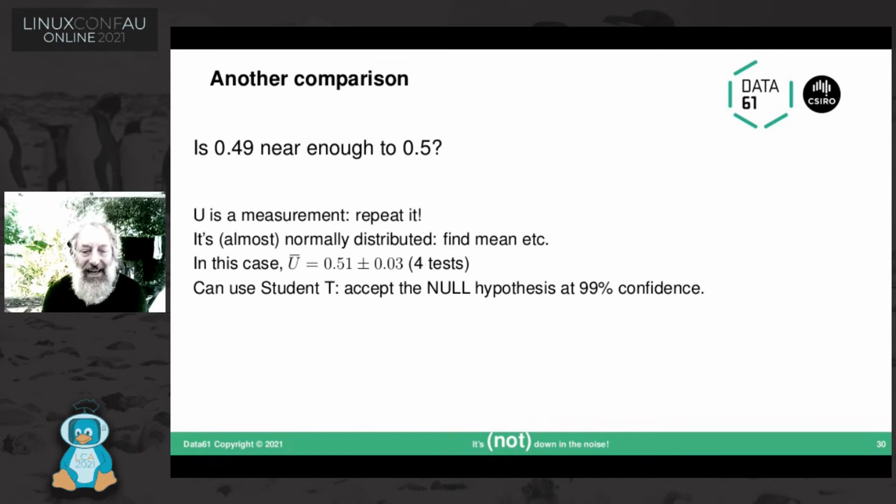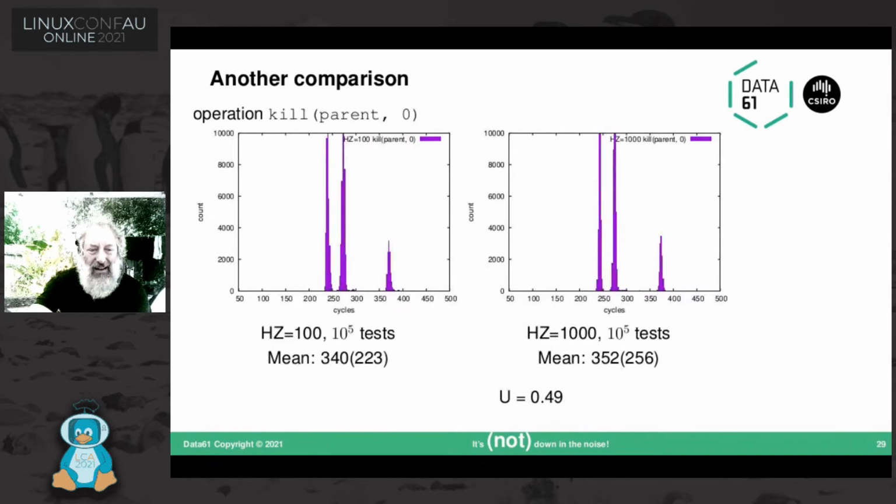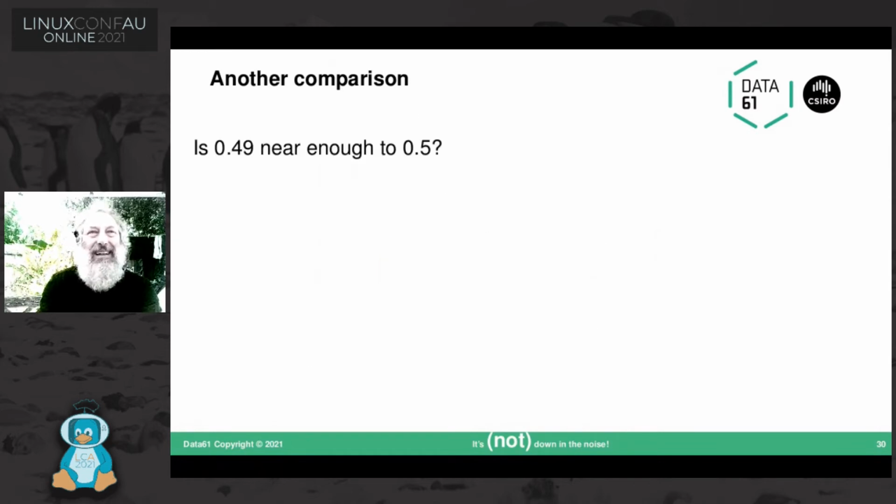The null hypothesis in this case is that U is 0.5. So we can show that those 2 tests are actually the same, even though they don't look the same, and without using any complicated mathematics. I think that's really cool.